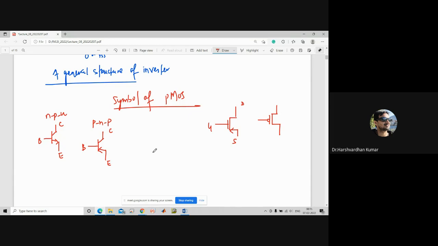Similarly, the same logic you have to apply here. We are talking about the PMOS transistors, so it will be like that. So let us see: drain, gate, and source. What about the NMOS? These are the PMOS.